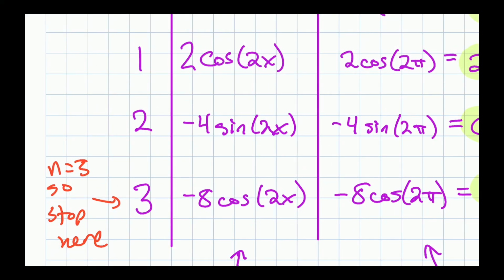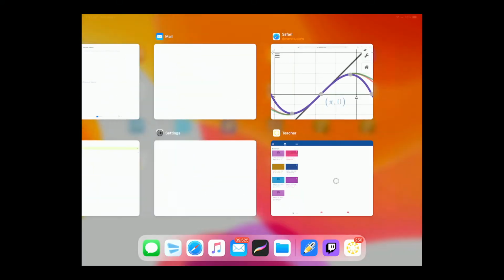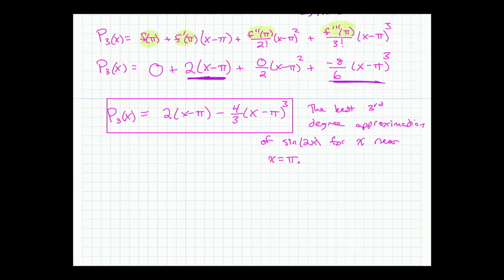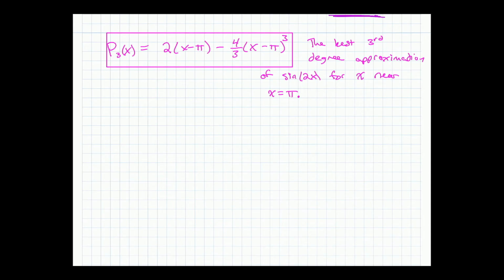Sorry, it's going to take a second here. Okay, good. Now, close this. Open Notability. Taylor Maclaurin Polynomials. Okay. So let's get our graph in here.